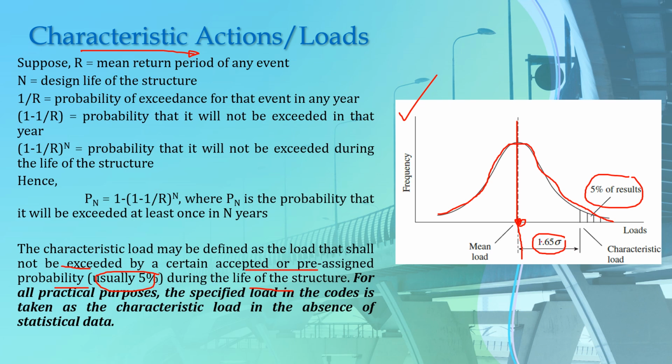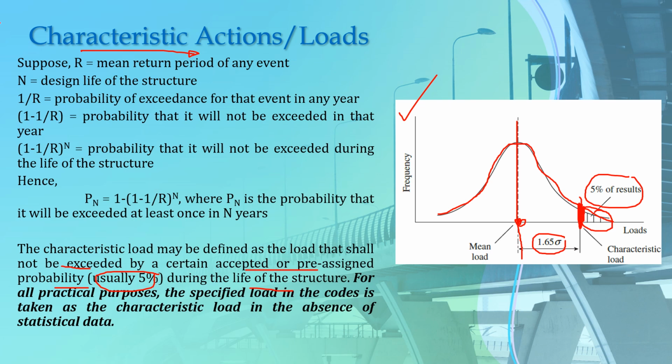You can get this value of 1.65 from any standard statistics textbook or statistical table, and you see that the probability of exceeding this characteristic load is less than 5%. So the 5% of the results will lie to the right hand side of this normal distribution curve, and this point where we get the 5% of results is known as the characteristic load.